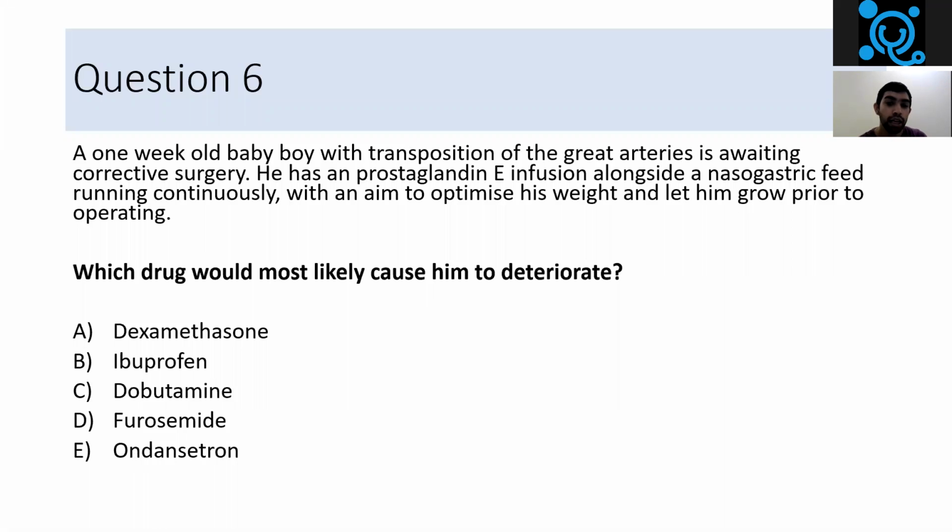This child in particular is on prostaglandin E, so children who are duct dependent, we give them prostaglandin infusions to keep their duct open. If you then give ibuprofen, this would start counteracting some of the systemic prostaglandins that the child already has, and it would increase their risk of the duct closing. Therefore, it's a contraindication.